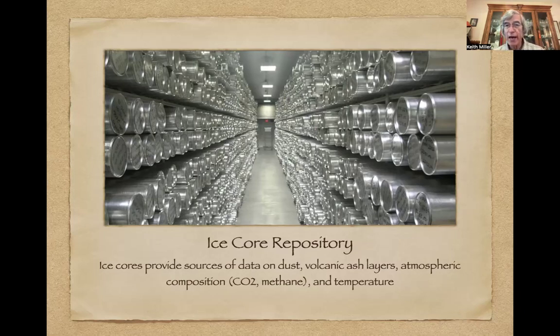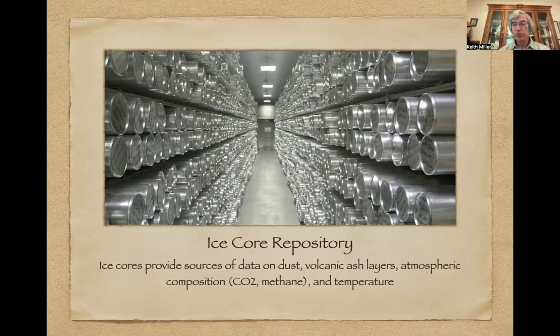So people can go back and look at a particular section of ice core, and extract the data that they want. And the layers in these ice cores are all dated. They're dated simply by counting, but those dates can be confirmed by things like volcanic ash layers.